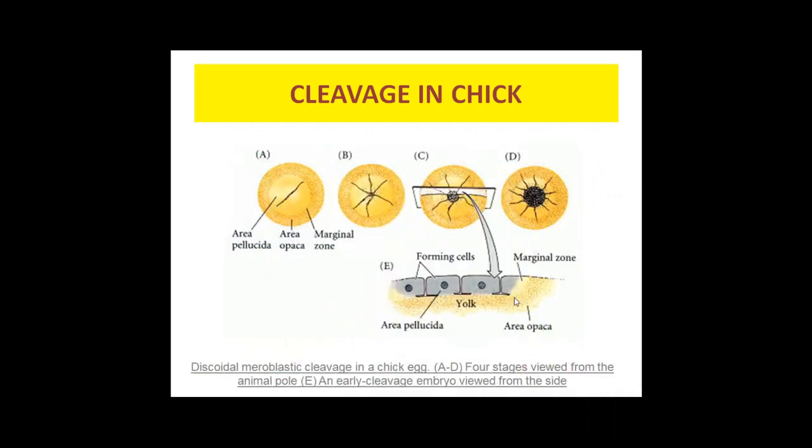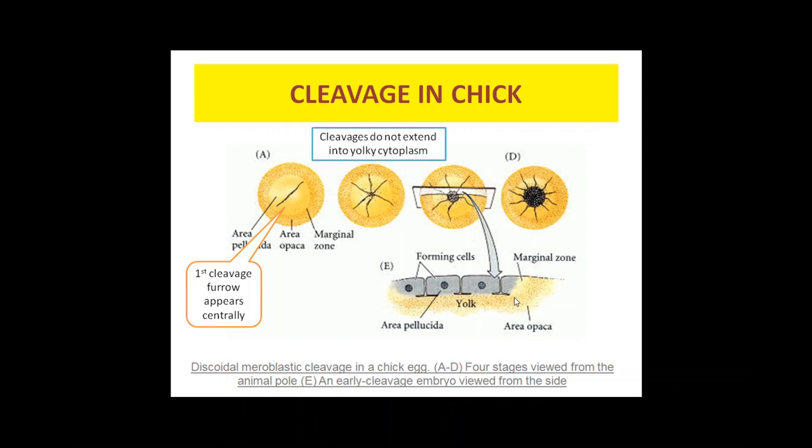Let's take up the process of cleavage step by step. This figure shows the discoidal meroblastic cleavage as it occurs in chick, 4 stages viewed from the animal pole. The first cleavage furrow appears centrally in the blastodisc or germinal disc.